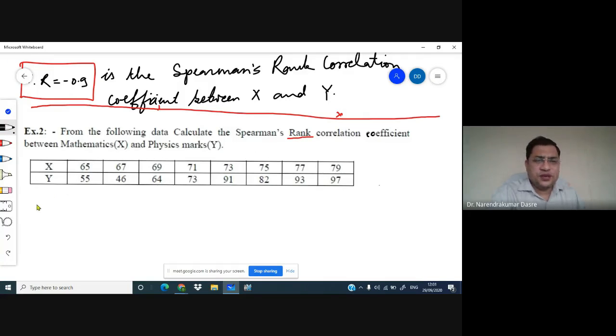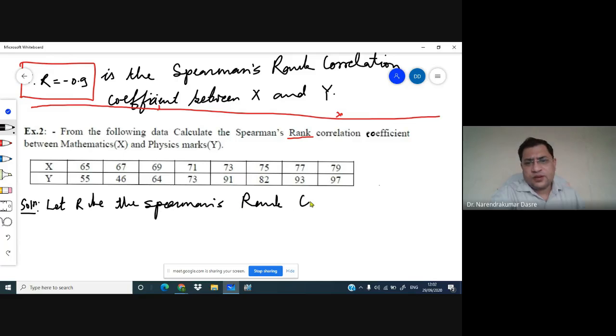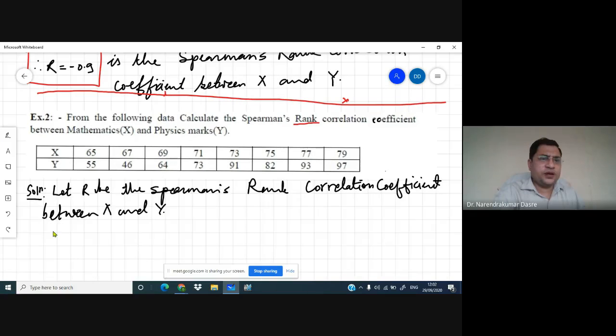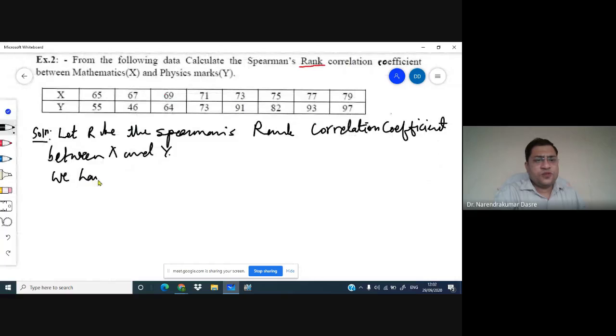So what we'll be having here, let R be the Spearman's rank correlation coefficient between X and Y. Then we have R is equal to, what is the formula for R? 1 minus 6 times summation di square upon n cube minus n.